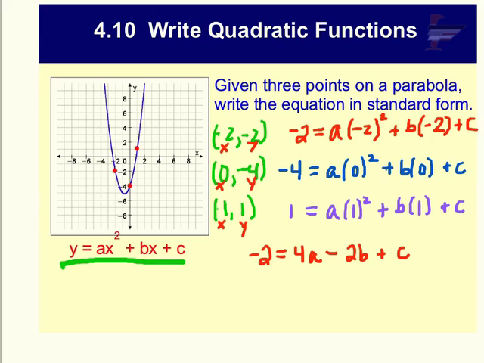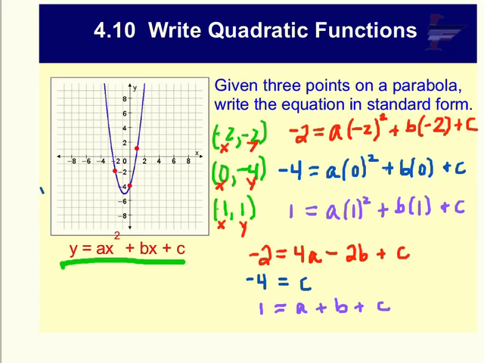So that's that first equation. Second one, let's clean that up a little bit. We have -4 equals, well, these zeros are going to cancel those first two terms out, and we just end up with a c on that one. That's helpful if that happens. And then our last one, 1 equals, if we simplify, it's just a plus b plus c.